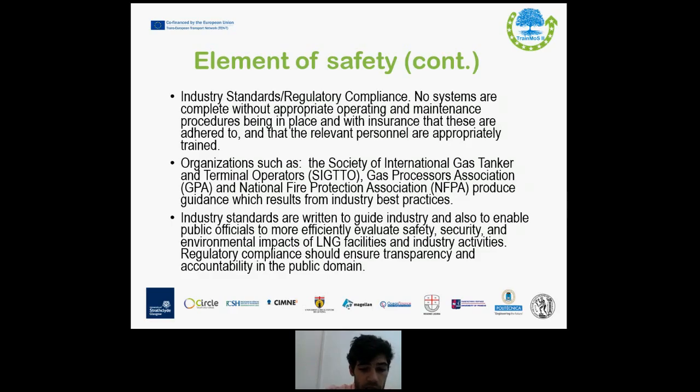Industry standards are written to guide industry and also to enable public officials to more efficiently evaluate safety, security, and environmental impacts of LNG facilities and industry activity. Regulatory compliance should ensure transparency and accountability in the public domain.